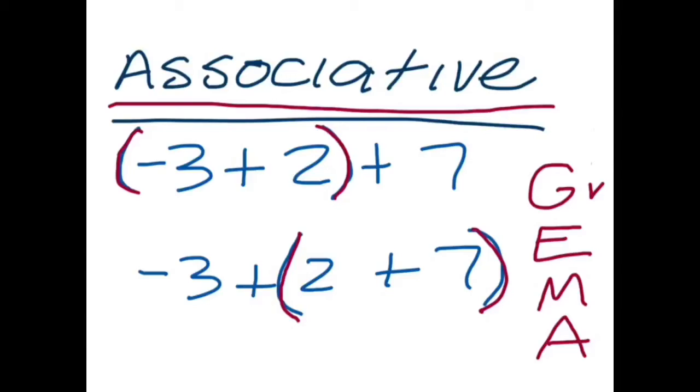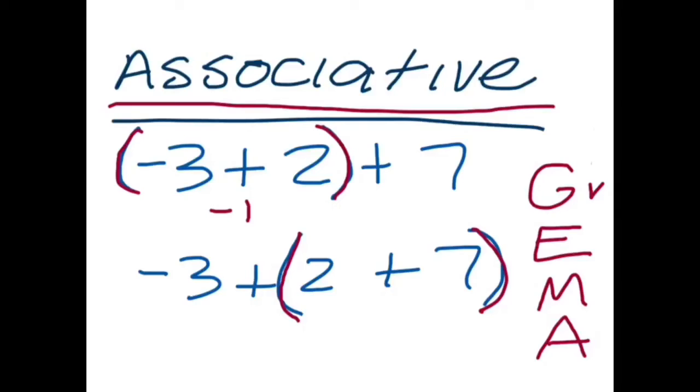If the signs are opposite, which they are, you subtract, so 3 minus 2 is 1, and the answer takes the sign of the larger number. 3 is larger than 2, and 3's sign is negative, so the answer is -1.